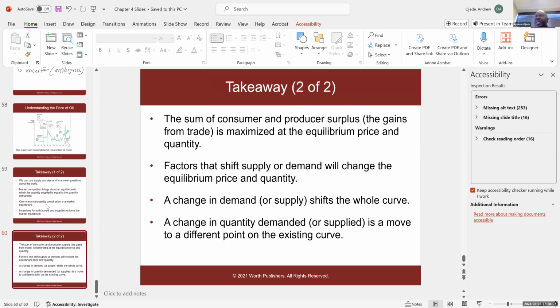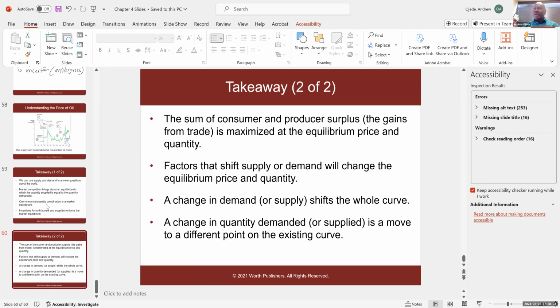So this concludes our discussion of demand and supply. In chapter 3, we talked about the supply and the demand side of the market for oil separately, and we learned about factors that shift them.